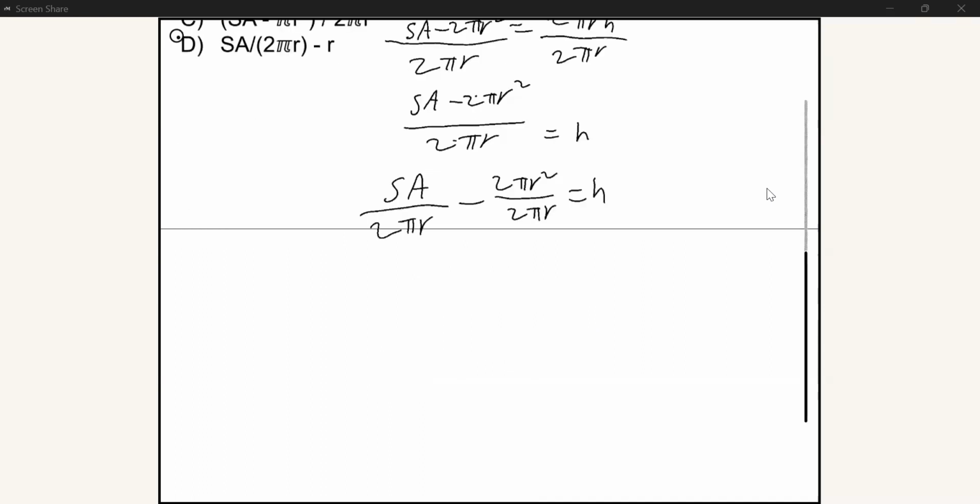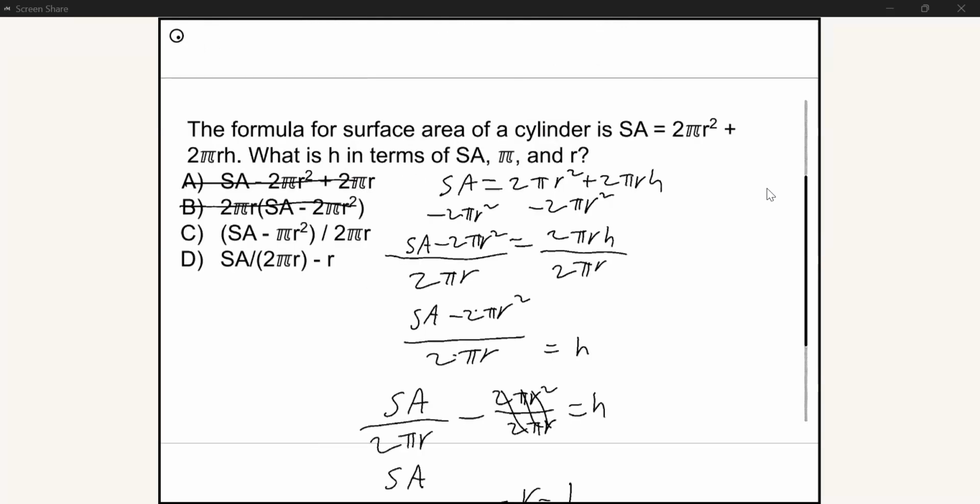And then we'll simplify that part. SA over 2 pi r minus, the 2's cancel, the pi's cancel, and this partially cancels, r equals h. So let's go back up. And that is D.